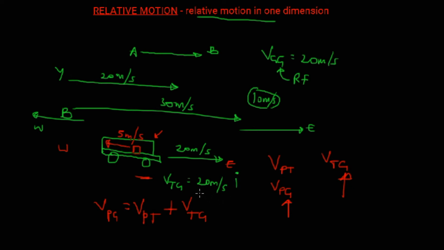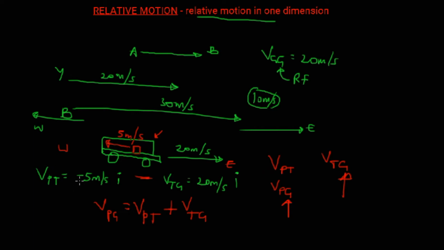If we call that i, then the relative velocity of the passenger with respect to the train, which is supposed to be 5 meter per second, will be minus 5 meter per second. The i shows that it is with respect to the positive x-axis.